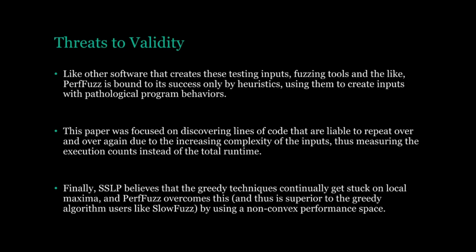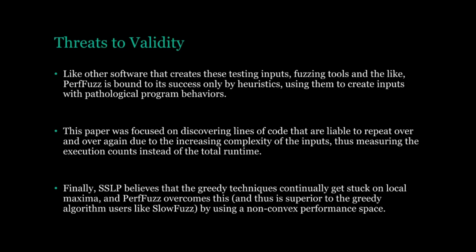This paper is also focused on discovering lines of code that are liable to repeat over and over again due to the increasing complexity of the inputs, thus measuring the execution counts instead of the total runtime. And this was decided as the main point of the paper, as it helps ensure that the measurements were accurate and deterministic, but there is a possibility that the identified bottlenecks are not where the code actually spends the most time.